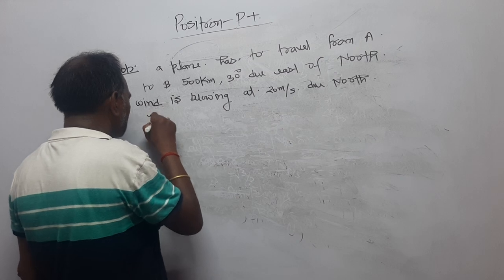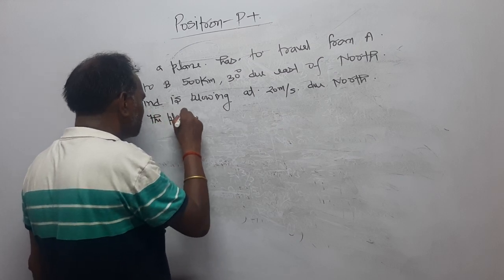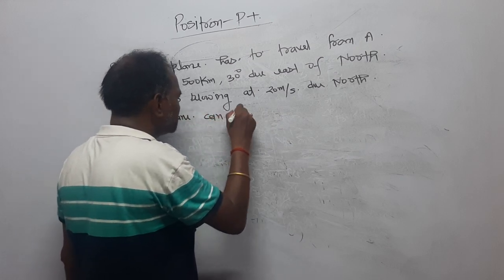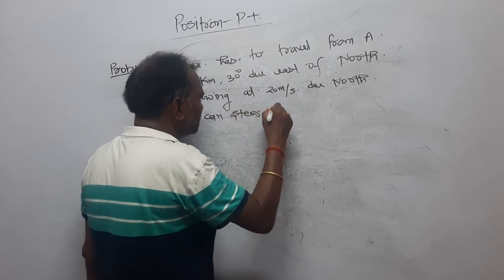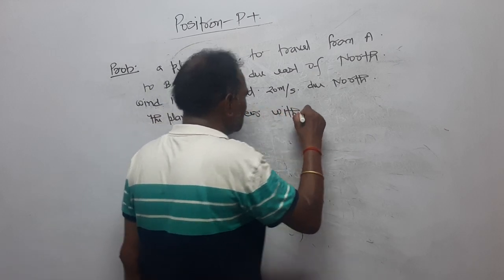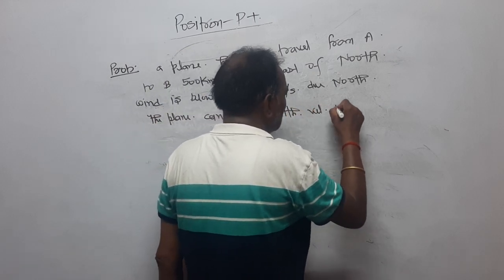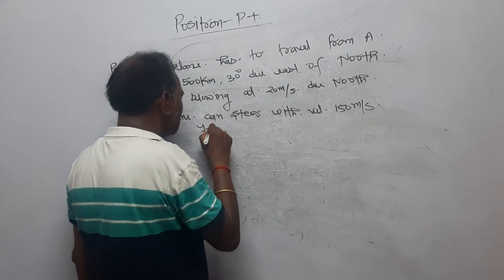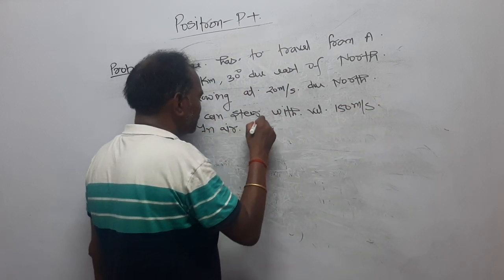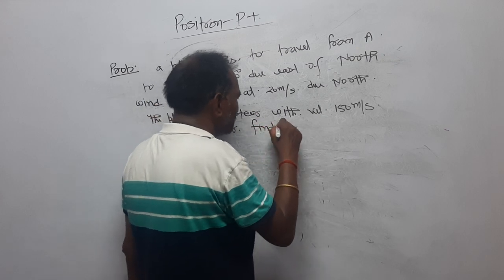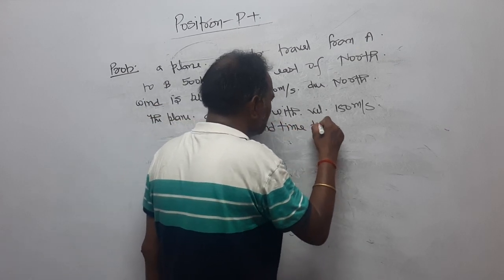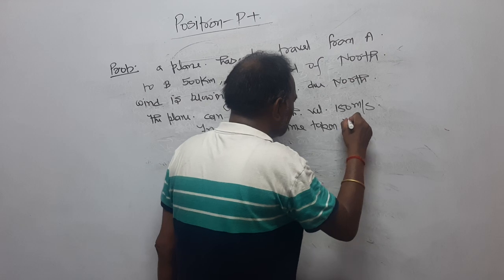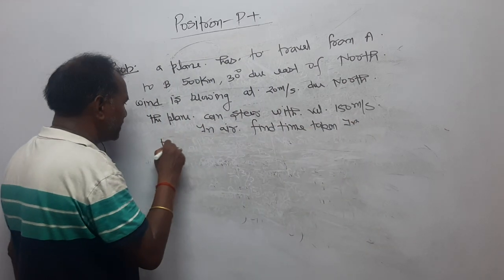The plane can steer with velocity 150 meter per second in air. Find the time taken in traveling from A to B.